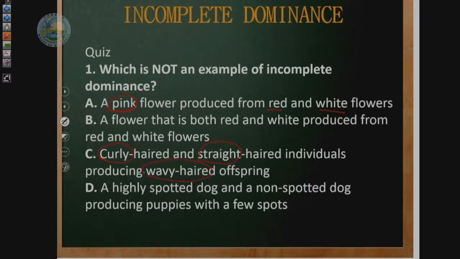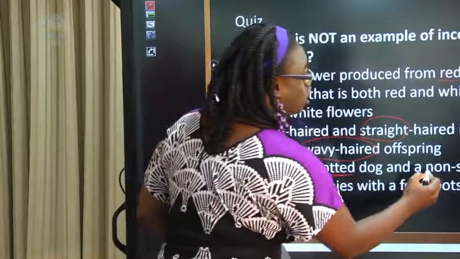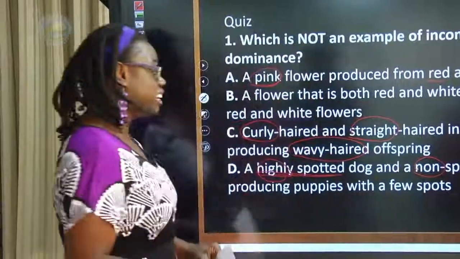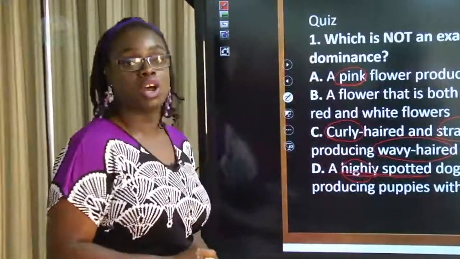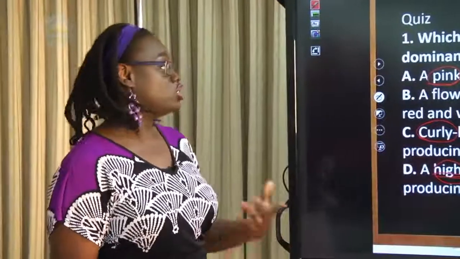So that means that there's a blending of both traits. And in D, we have a highly spotted dog with a non-spotted dog creating a dog with few spots. So that's another example of blending of the two traits.